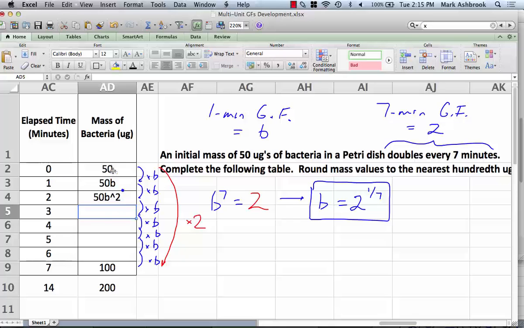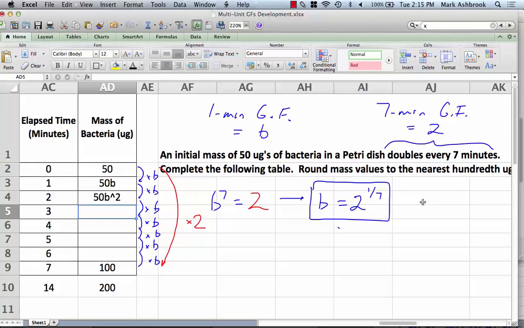It'll give you the output 7 units later. Well, we know that that's 2. That's the 7-minute growth factor. So when you multiply by B 7 times, that takes you from 50 to 100. But that's what 2 does. Is that better? Okay, so there's our 1-minute growth factor.